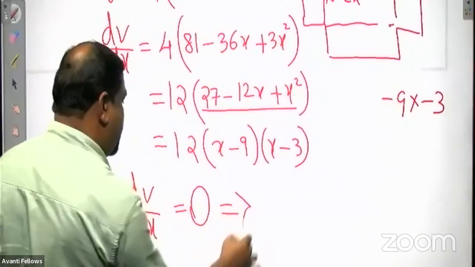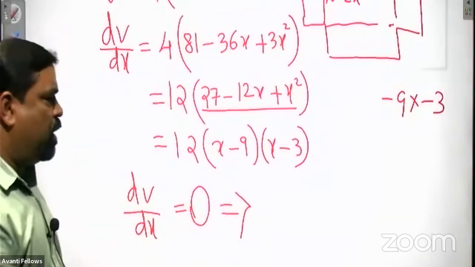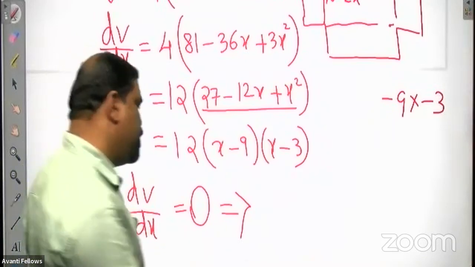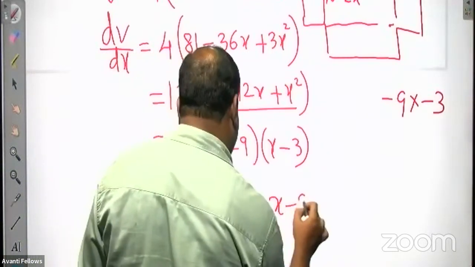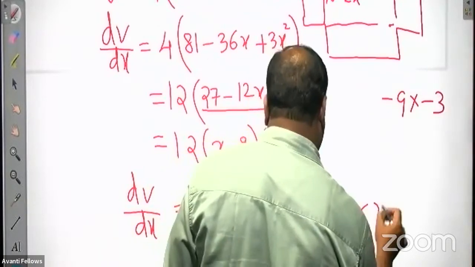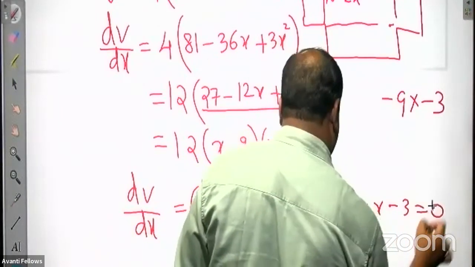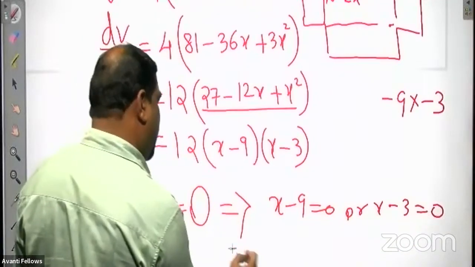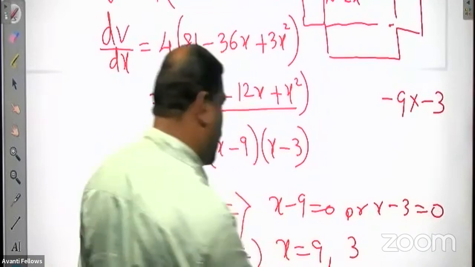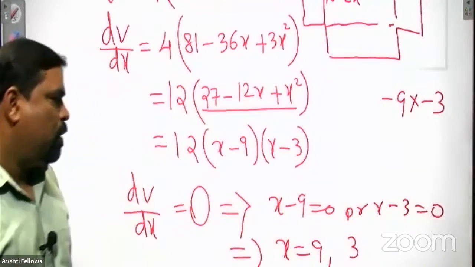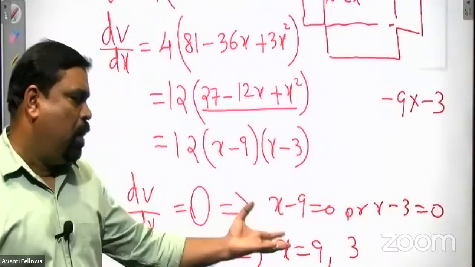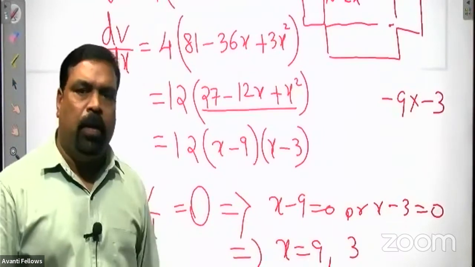So which implies 12 into x minus 9 into x minus 3 equals 0, means x minus 9 equal to 0 or x minus 3 equal to 0. So that means we will get two critical points, x equal to 9 or x equal to 3. So we are getting two critical points, 9 and 3.